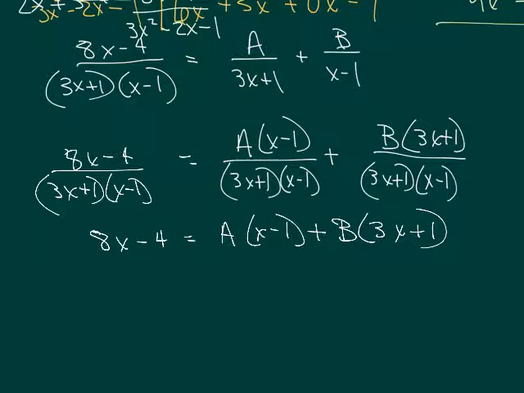Okay, so remember at this stage, I find out how I'm going to get rid of this A. Well, if I put a 1 here, that's going to make this 0 and just give me that. So I'm going to go ahead and put a 1 in there.